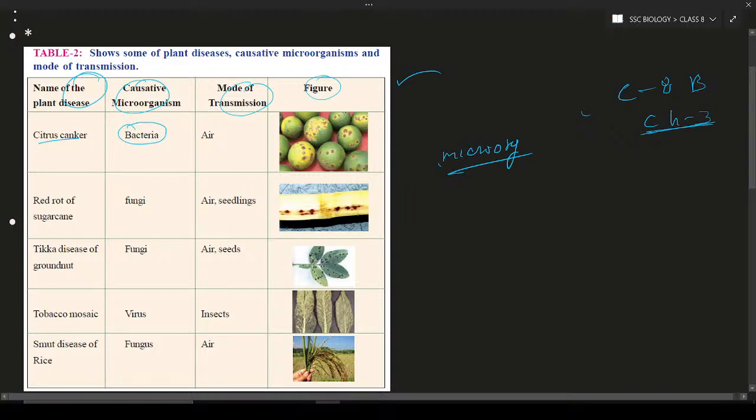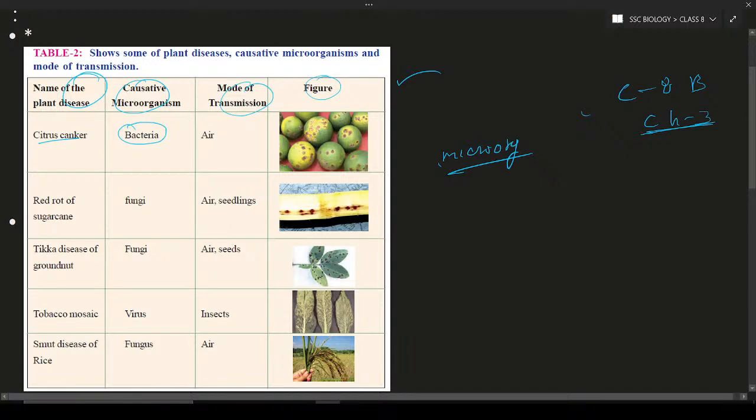Mode of transmission means how these microorganisms transfer from one diseased plant to another diseased or healthy plant. So the population of the microorganism increases by infecting plants.